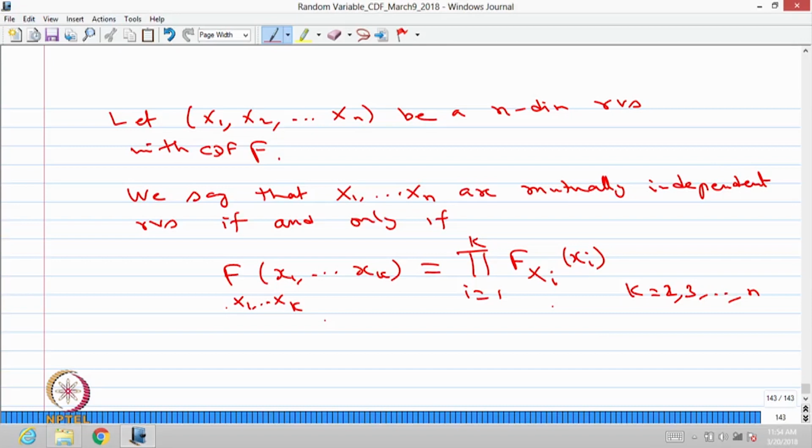That means the independence condition is satisfied for all collections of the random variables. Now we will move into some problems explaining how independent random variables play a role.